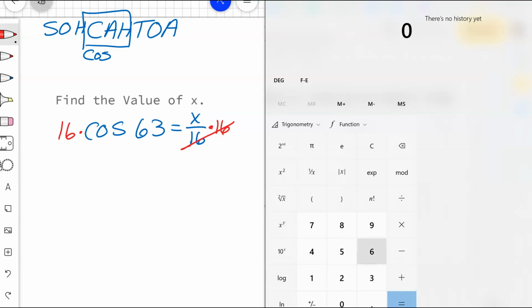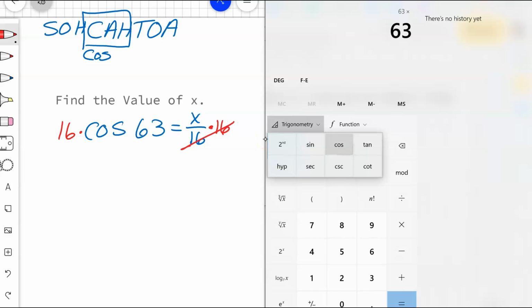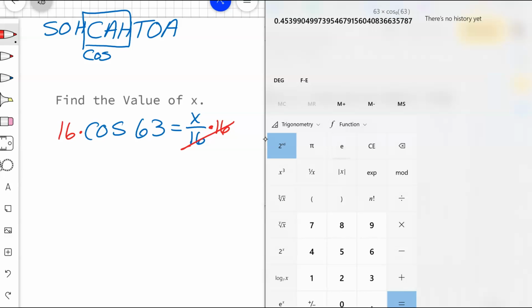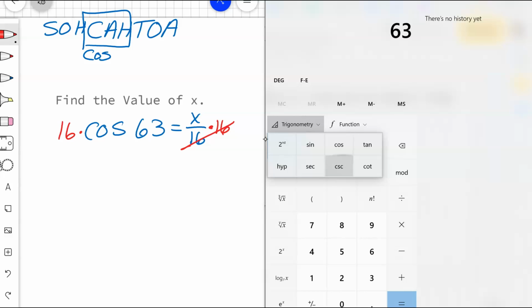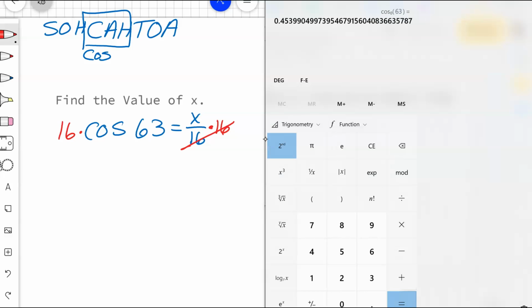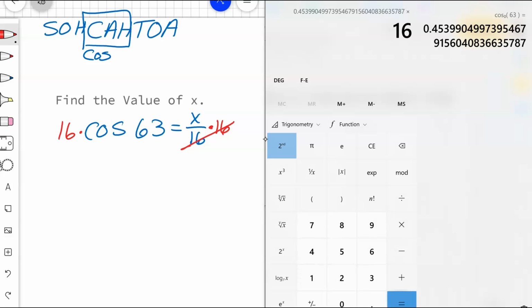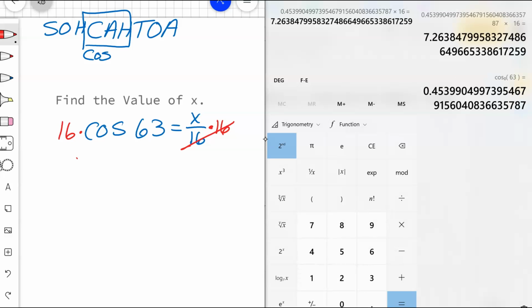Remember, we need to start with 63, then cosine, then press the equal sign. I apologize, my mind was elsewhere. Now we're going to go ahead and multiply that by 16. And that should give you x equals 7.3 as your end answer.